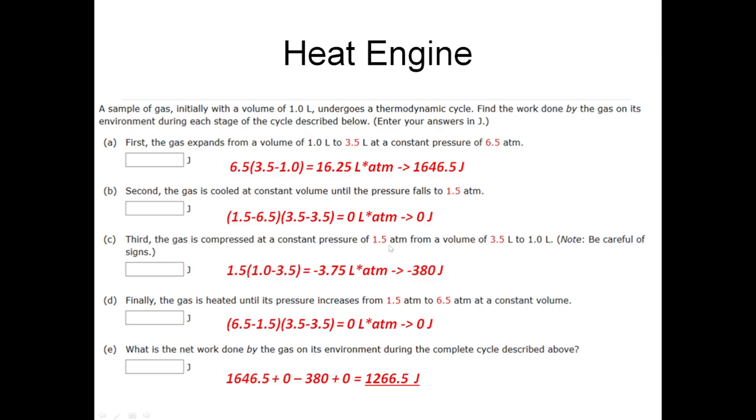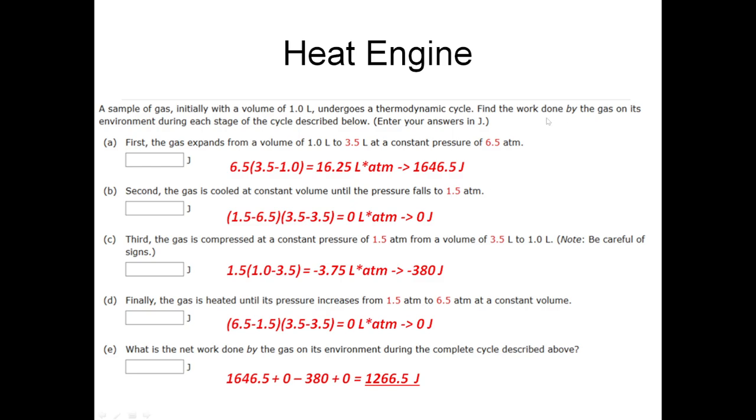So 1.5 is now our new constant pressure, and our gas is going to 1.0 from 3.5. That's a decrease in volume, so our delta V will be negative. As a result, our work will also be negative. If the piston is contracting, if it's getting shorter, then work is being done on it, not by it.